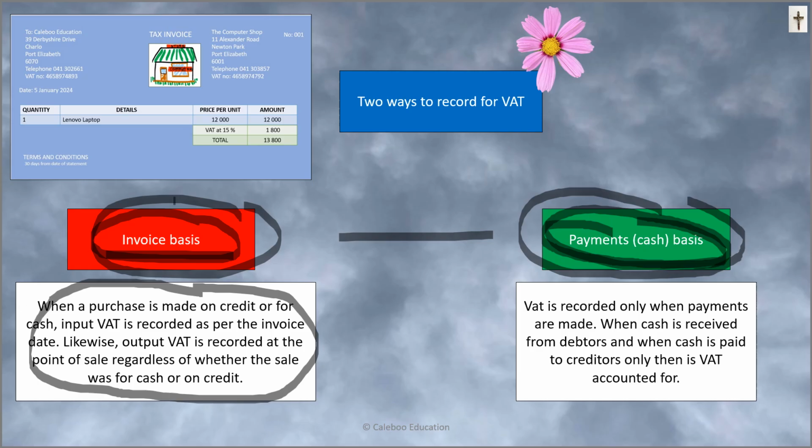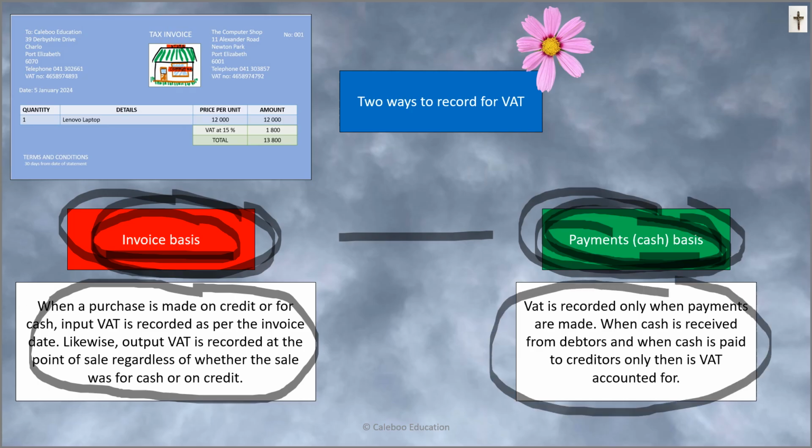Now in South Africa, we use the invoice basis method. But I know in other countries, they use the payments basis method. In South Africa, you can apply to the revenue services if you could possibly have a cash flow problem to use the payments basis method, where VAT is recorded only when there's a movement in the bank balance.